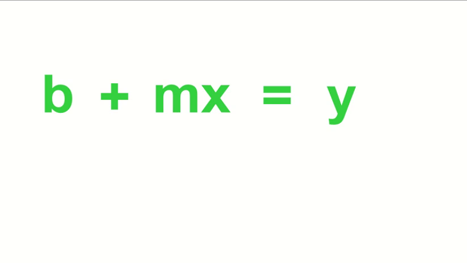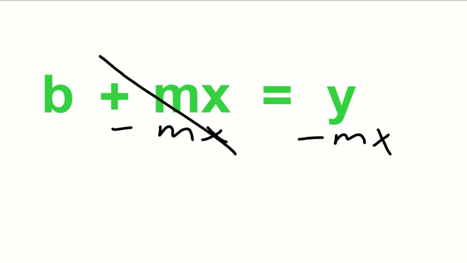When we solve an equation, we solve it by doing the opposite. If I want to move something from one side to the other, I do the opposite. So the opposite of a plus mx here, I'm going to subtract mx from each side. This is something you'll have to do next year in Math 1. You'll have to be able to solve and rearrange equations. Those cancel out, so now I've got b equals, which is what we want.